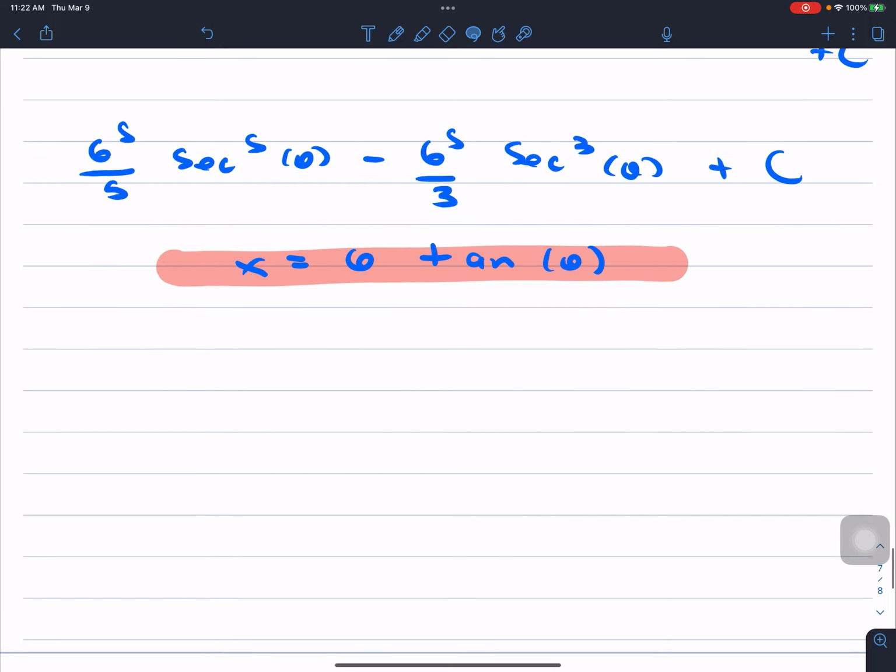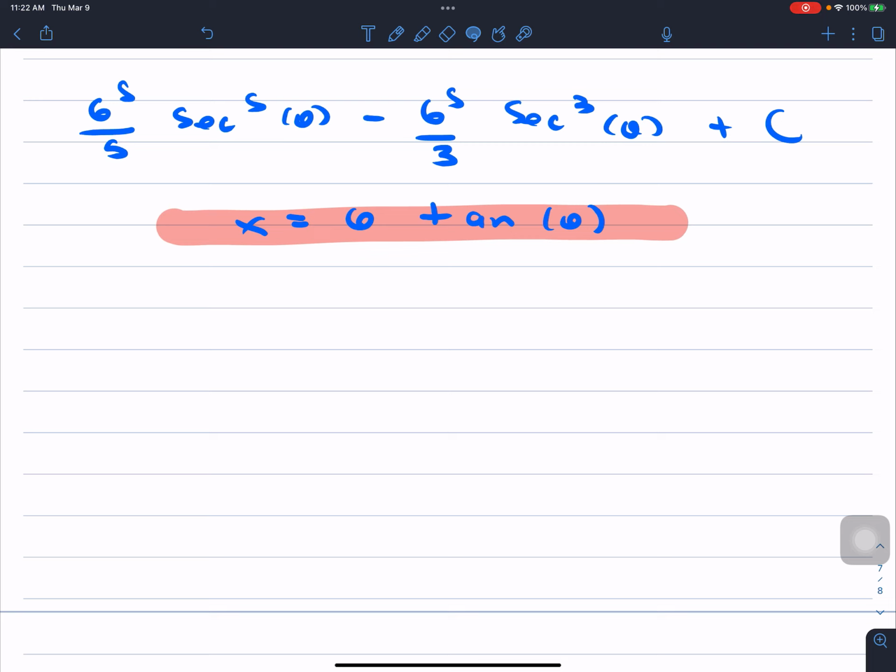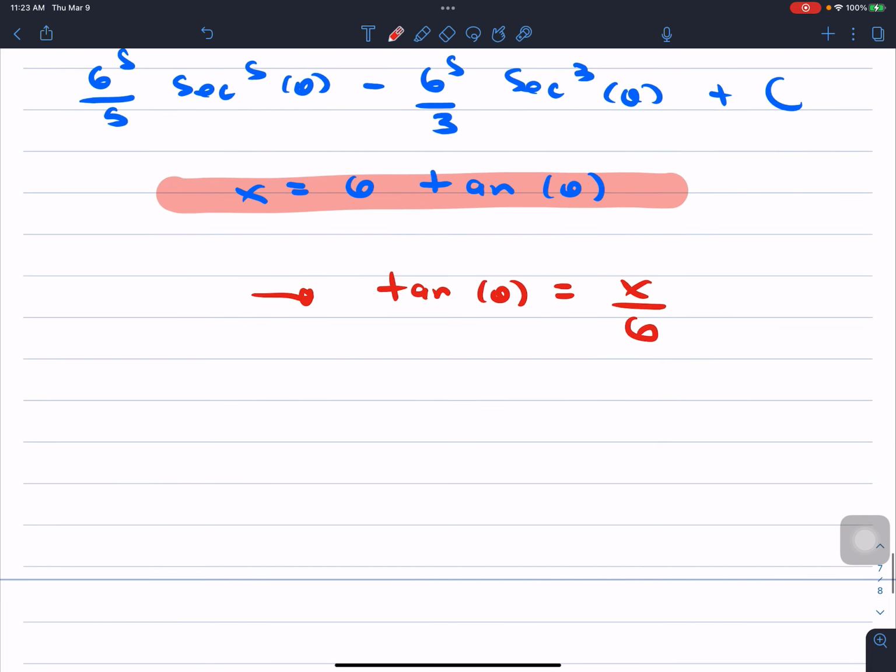There you go. What's the issue? You know what this implies? This means tangent theta is x over 6. We need our answer in terms of x, not theta. So we're going to use the fact that x is 6 tangent theta. We're going to create a right triangle.